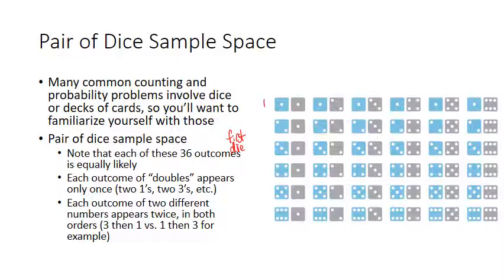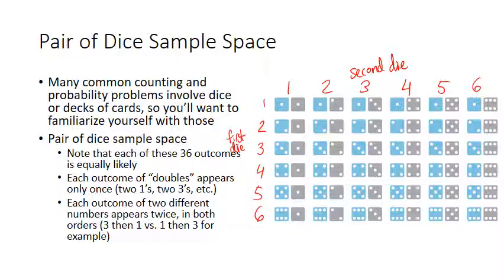So in this row, the first die is 1 in all of them. In this row, the first die is 2 in all of them, and so on down the side here. And then the second die is being given on the columns. So in this column, they're all 1 on the second die. Here they're all 2 on the second die, and so on. So it's just a little 6 by 6 table, which is 36 outcomes.